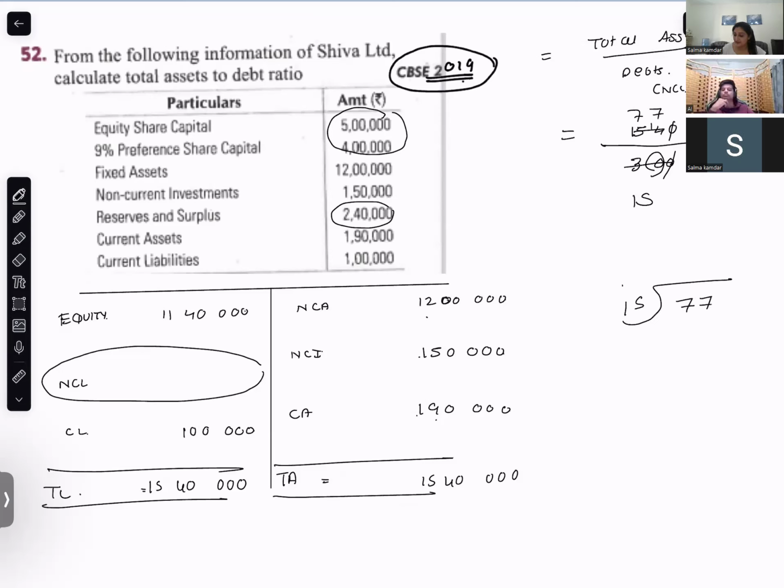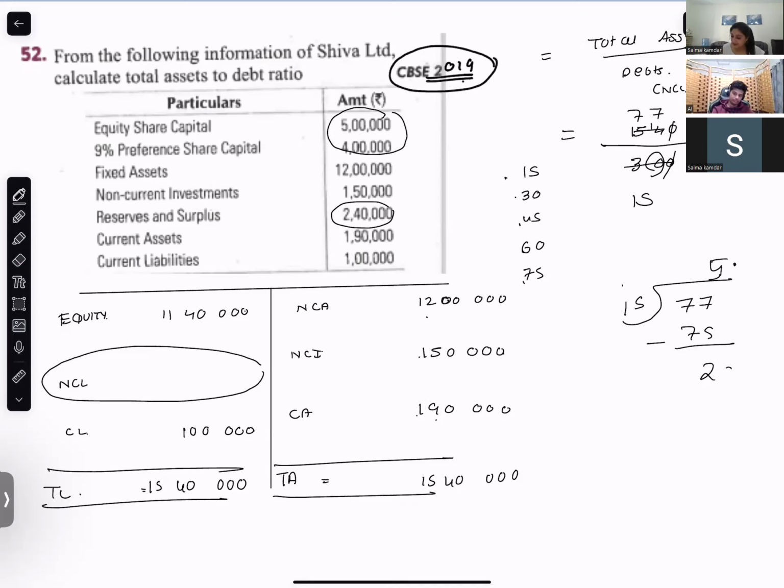15 divided by 77. So my 15 table is 15, 30, 45, 60, 15 fours are 60, 15 fives are 75. 75 minus 77, 2 carry.